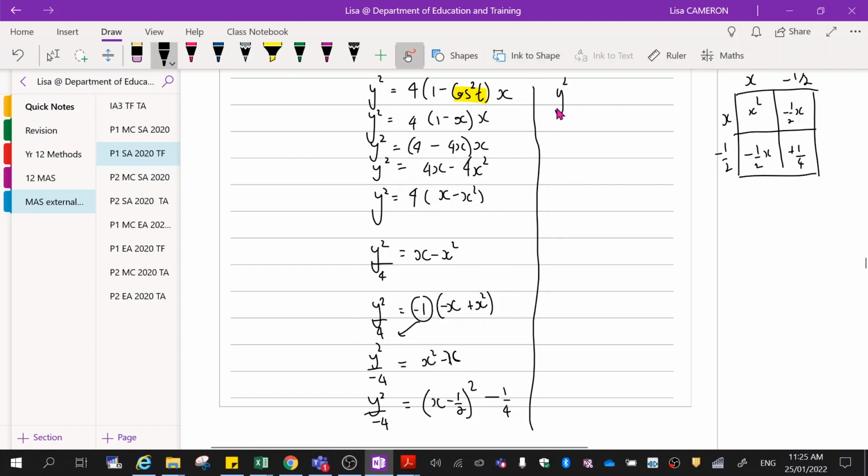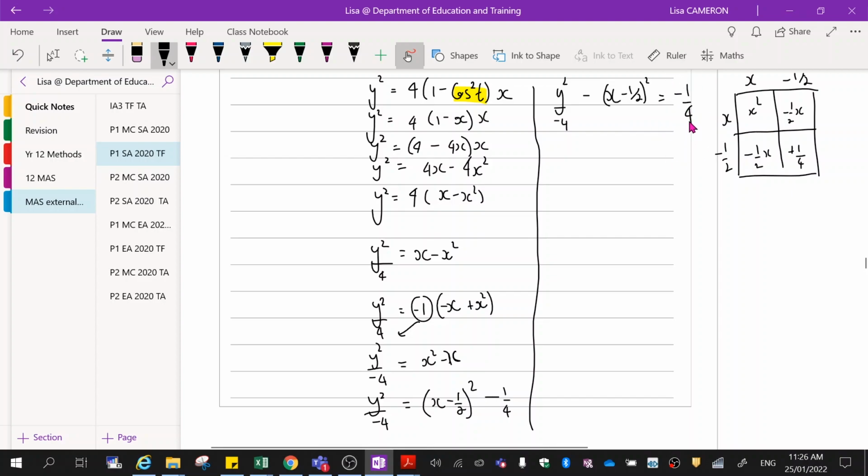So y squared over negative 4, I'm taking this away from that side, so minus x minus a half squared, that's not over anything, is equal to negative a quarter.